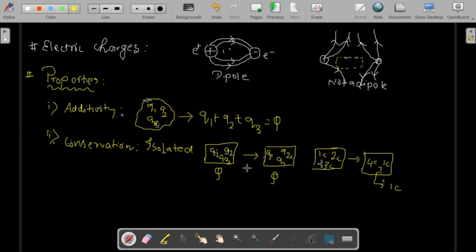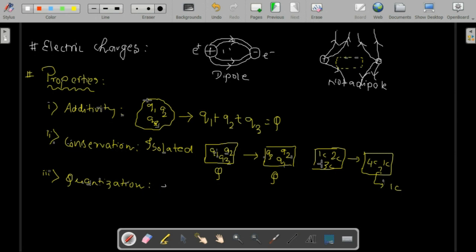Okay. The final property that I'd like to discuss is very important, and that's quantization of charge. Now this is important. The word quantization we have already come across from quantum mechanics. So in charge also there is the idea of quantization of charge.